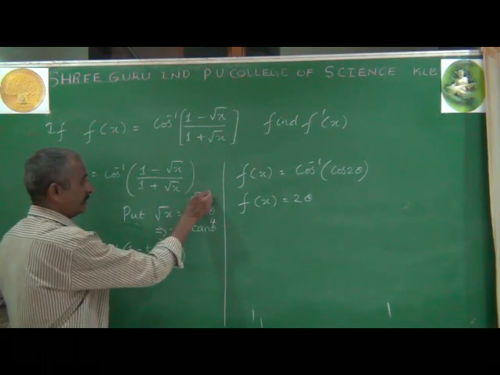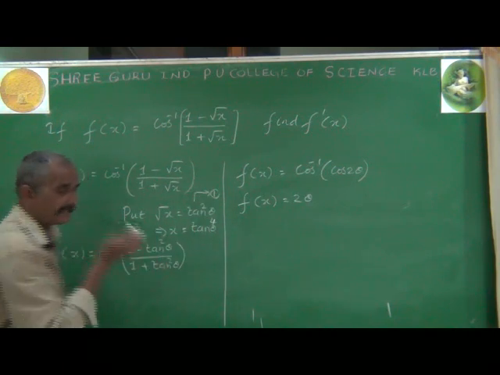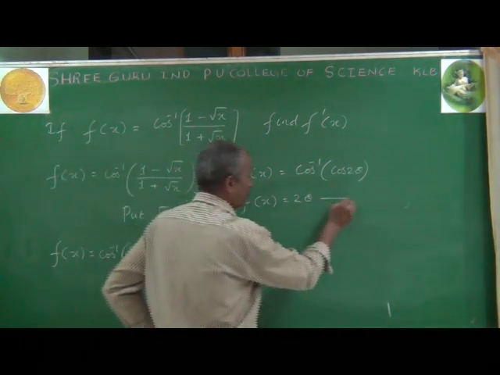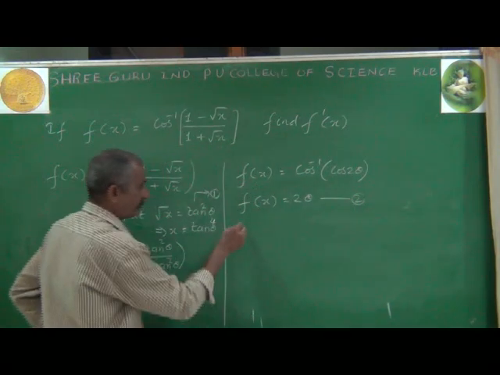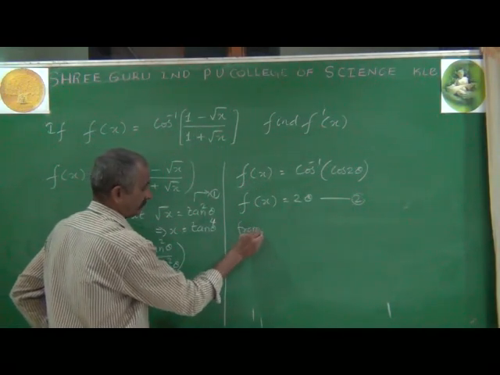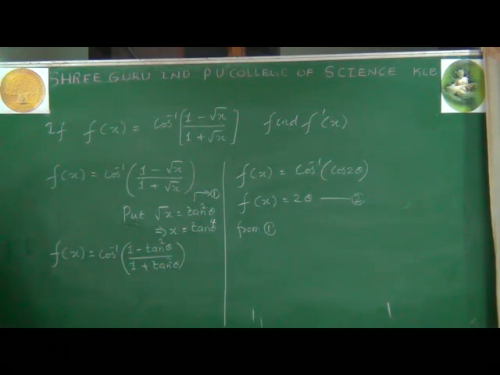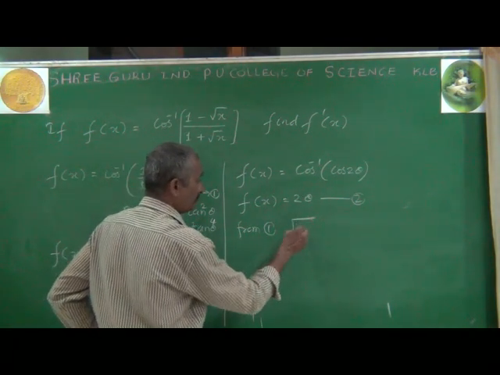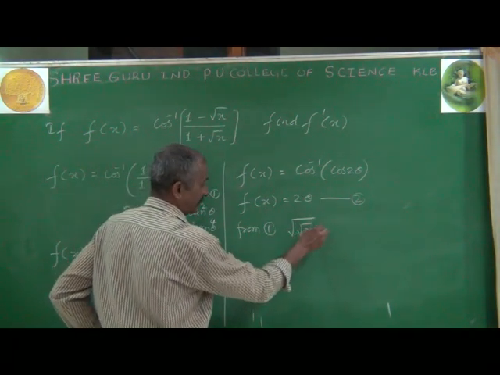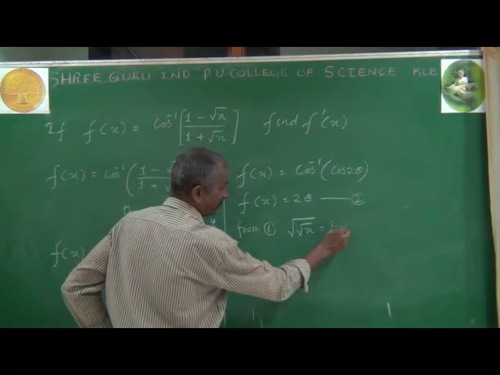You call this as 1, and from 1 you call this as 2. Now from 1 we should extract the value for theta. So let us take square root on both sides. Square root of x equals tan of theta.